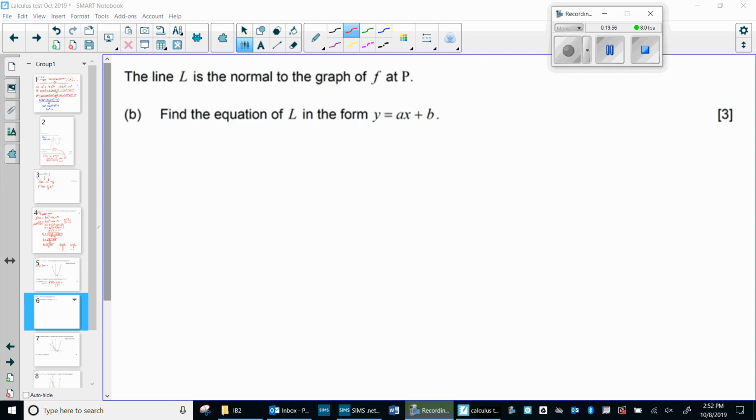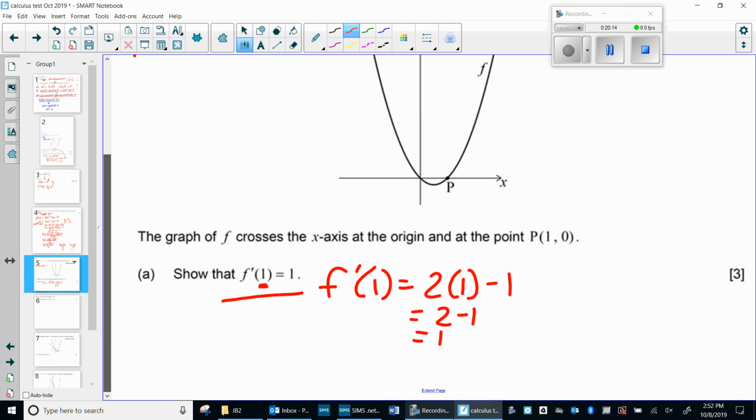All right. The line L is the normal to the graph of f at P. Okay, so remember the gradient talks about the tangent at P, and the normal, what do we know about those gradients? Negative reciprocal. The negative reciprocals, okay? Let's establish in our heads what this has told us. This has told us that the derivative, the gradient of the tangent, where x is 1, is equal to 1.